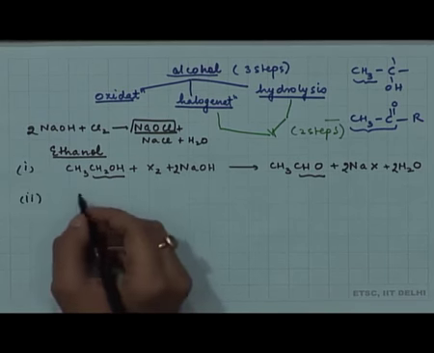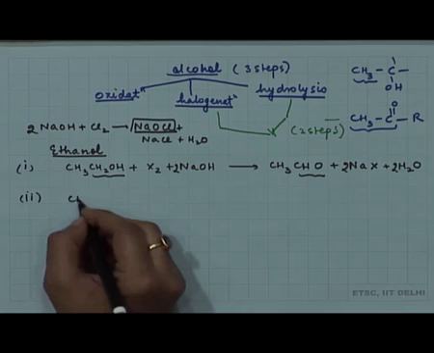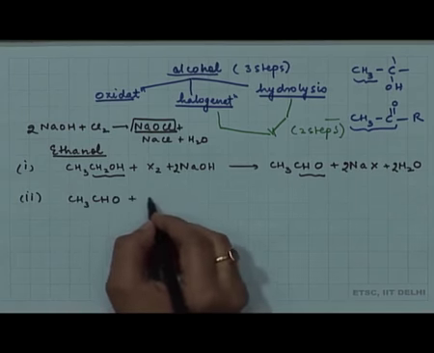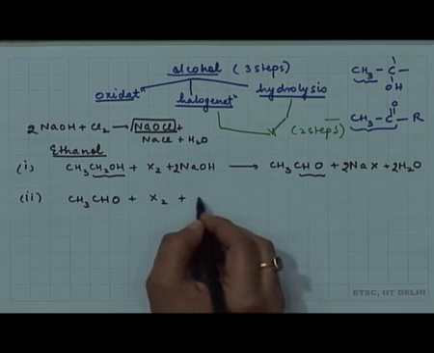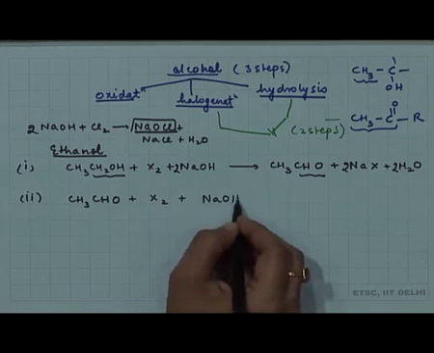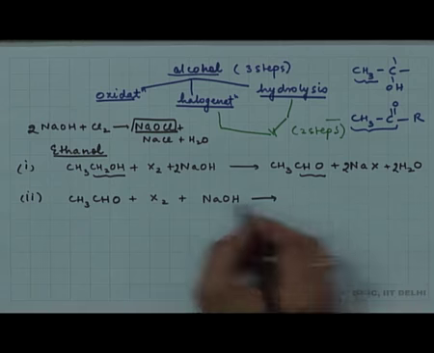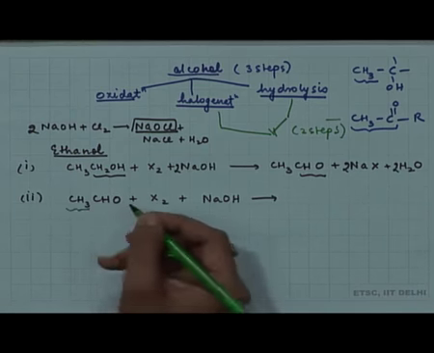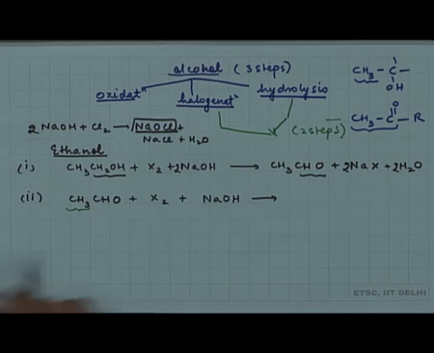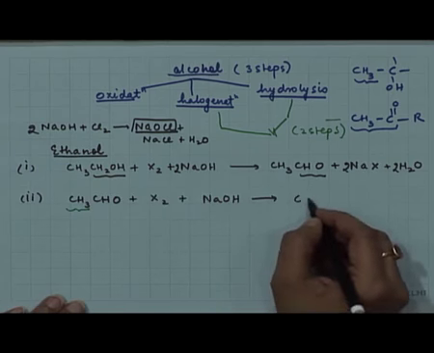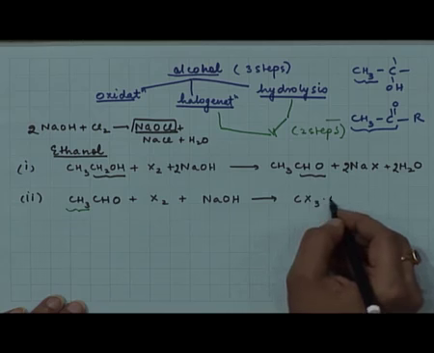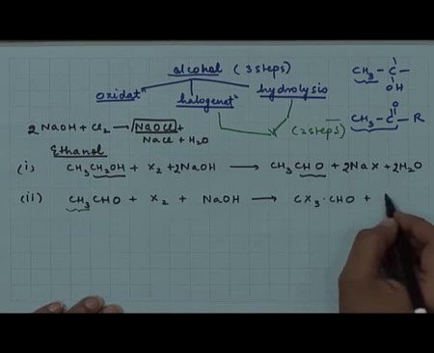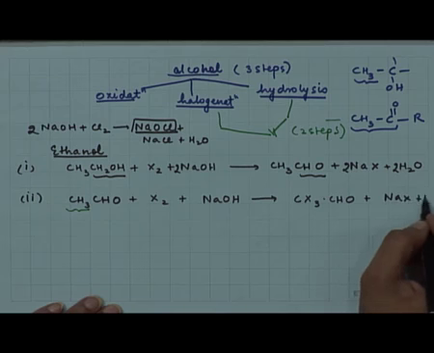The second step is halogenation, in which once you get the corresponding acyl functionality, in the presence of halogen and base, all the 3 alpha hydrogens of the aldehyde or the acyl unit are replaced by the corresponding halogen, and you get this kind of a product along with formation of NaX and water.